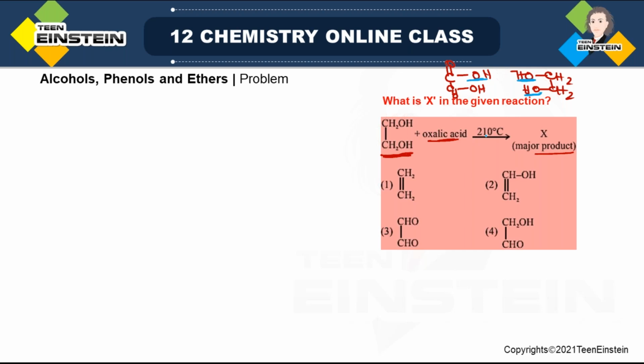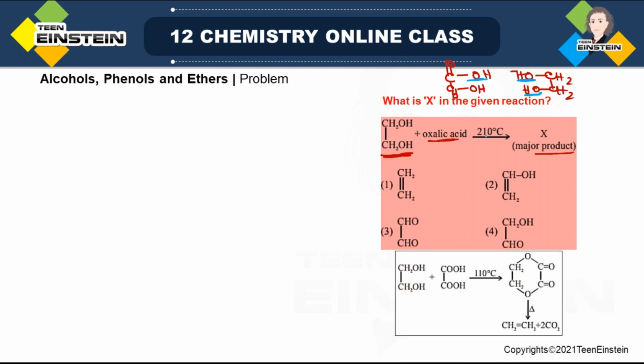Just as we see in ester formation, where you have one carboxylic group and one OH group. So the same type of cyclic structure you can expect here, as if by removal of H, OH, H and OH. So now this oxygen-carbon bond is formed, this oxygen-carbon bond. So this type of cyclic ester you can get, but this is not the end structure. And also see, in any of these options, if you look, there is no cyclic product. That means this cyclic structure must be broken, it will be decomposed.